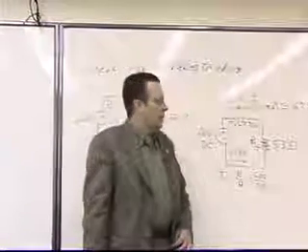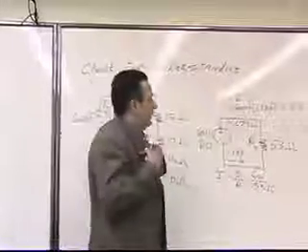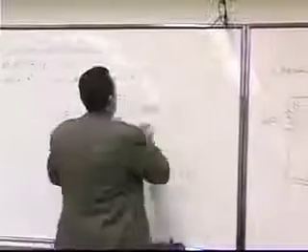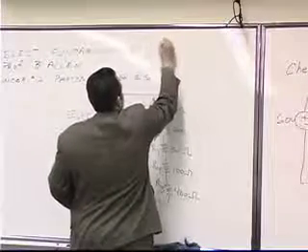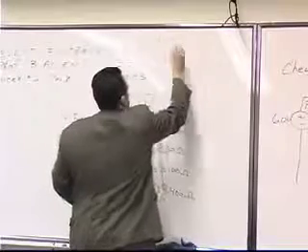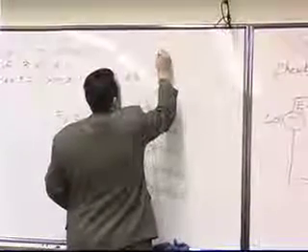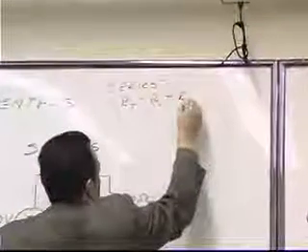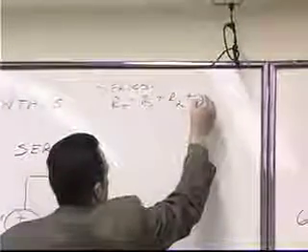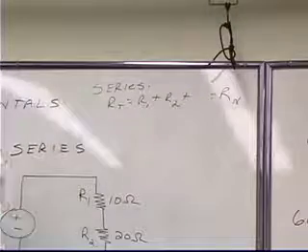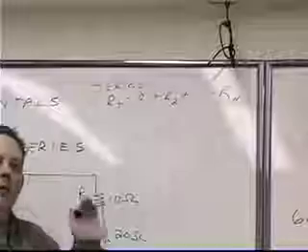And so what I would do if it were me is I would probably write down series, and I would put R total equals R1 plus R2 plus ... Rn, telling me that I just add them all up.